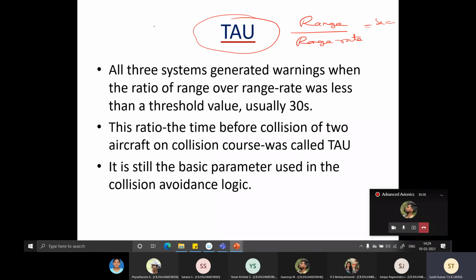It's not like you can fix a distance, so that if you're just telling so much distance or so much altitude, you lose that information. Unnecessarily, you're creating problems. So they came out with this concept of tau, and that's the parameter which is being used for all collision avoidance logic.